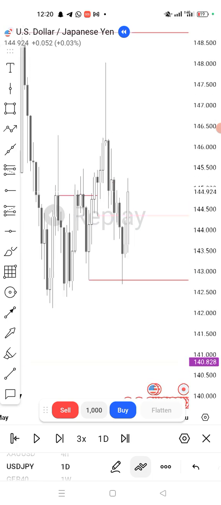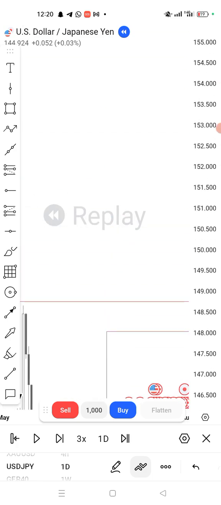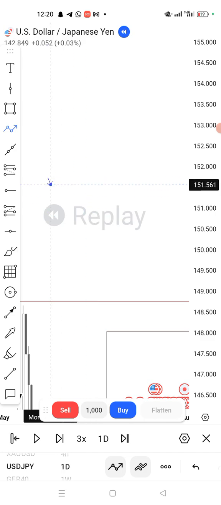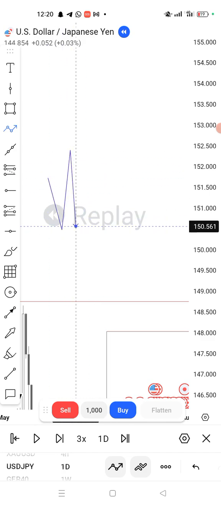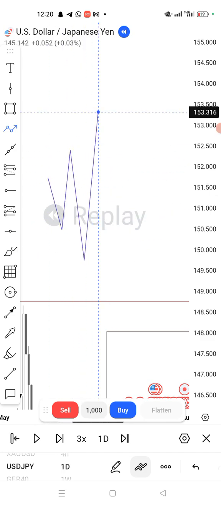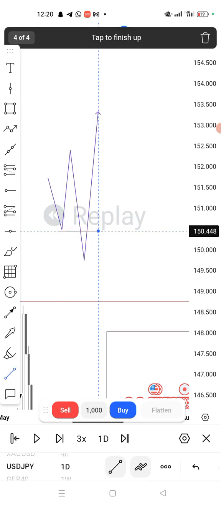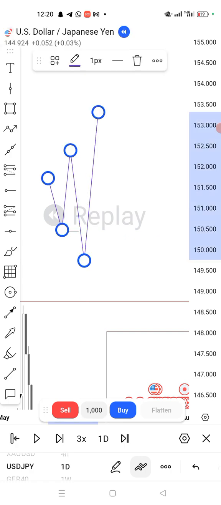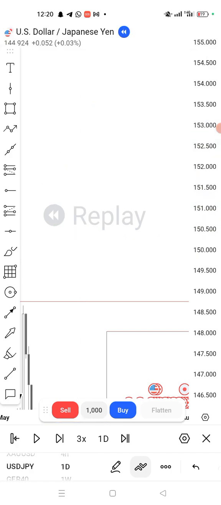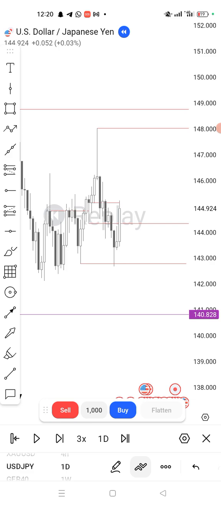Why? The drawing is that we should have a low that will be swept. Not just a candle, but a structure on that time frame that will be swept out as liquidity. So that's why I said that low did not even sweep liquidity. Automatically, that low also becomes a liquidity.